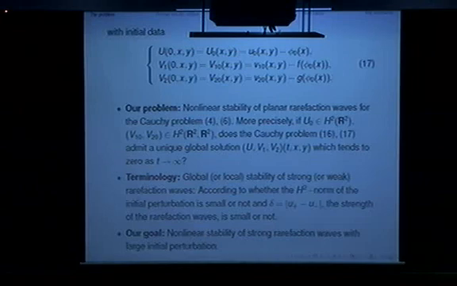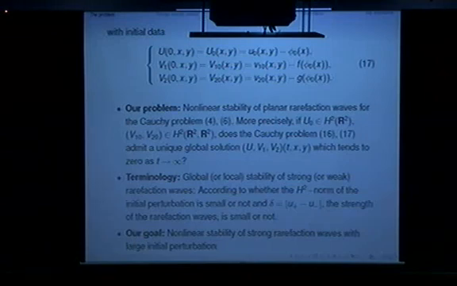Then our problem, as I mentioned before, is the nonlinear stability of planar rarefaction waves for the Cauchy problem. That means we want to show that if the initial perturbation belongs to H², then the Cauchy problem admits global solutions U, V₁, and V₂ such that they tend to 0 as t tends to infinity.